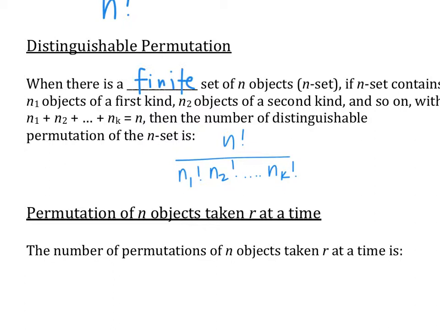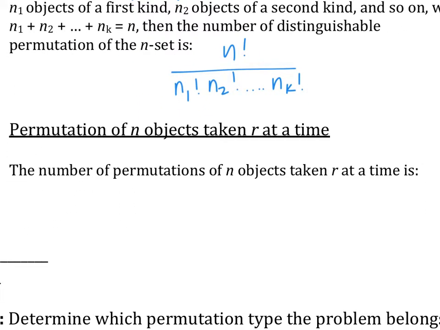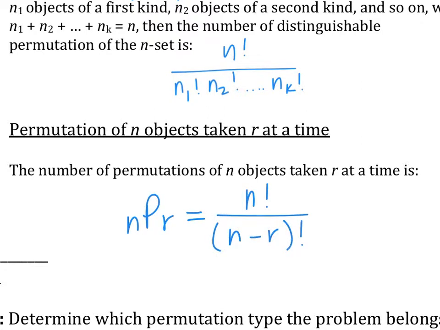How many ways can I rearrange 3 people out of 8 people? So you have n objects, you want to take r of them at a time. Then this is nPr, which is n factorial divided by n minus r factorial.